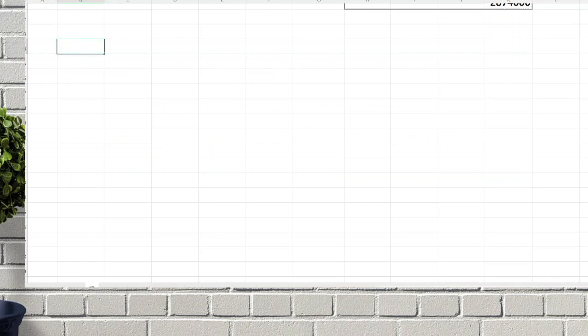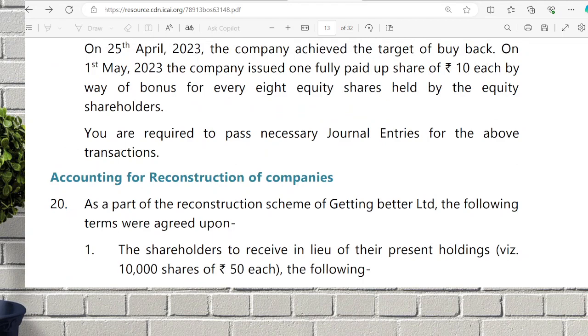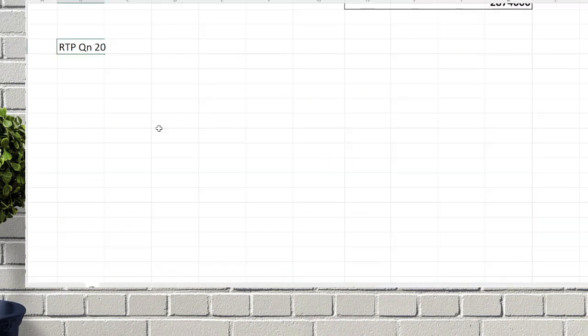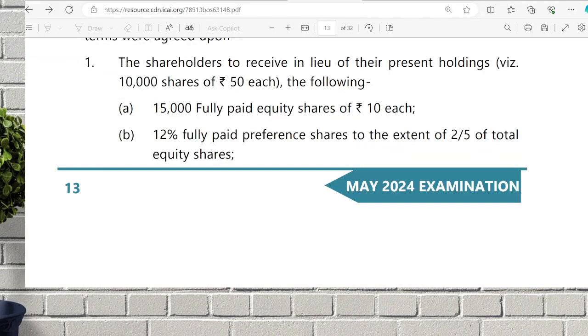This is a practice test paper, question number 20. What is the first entry you will pass?